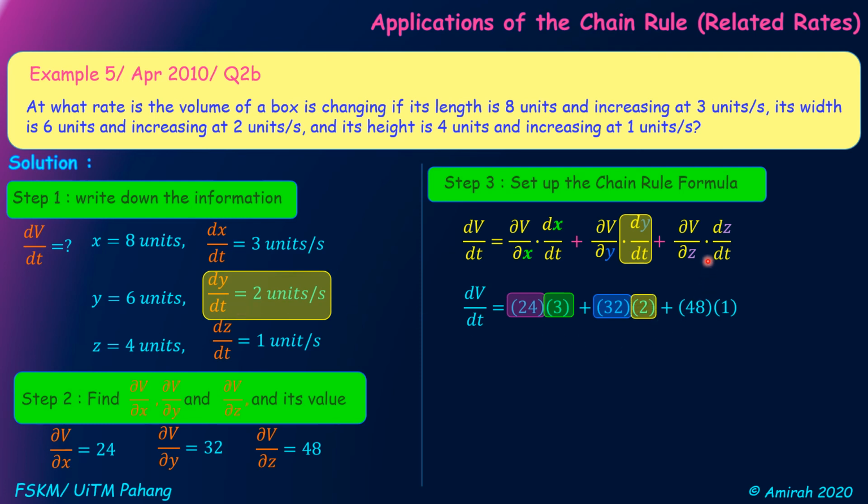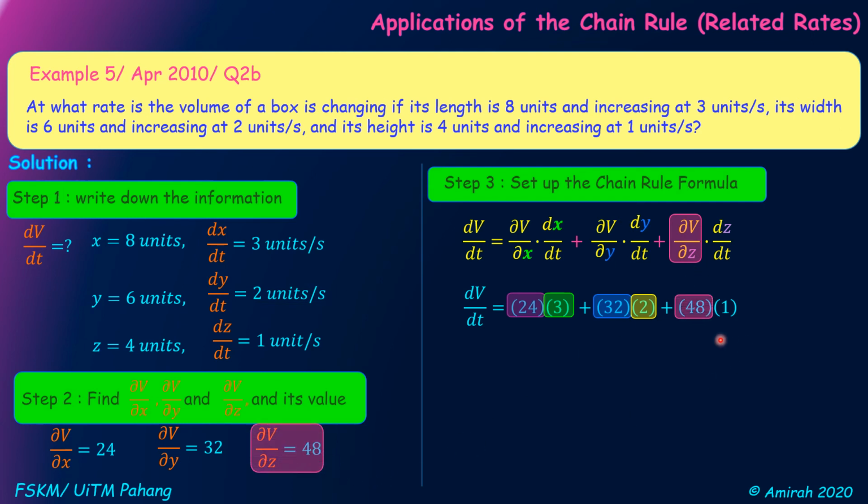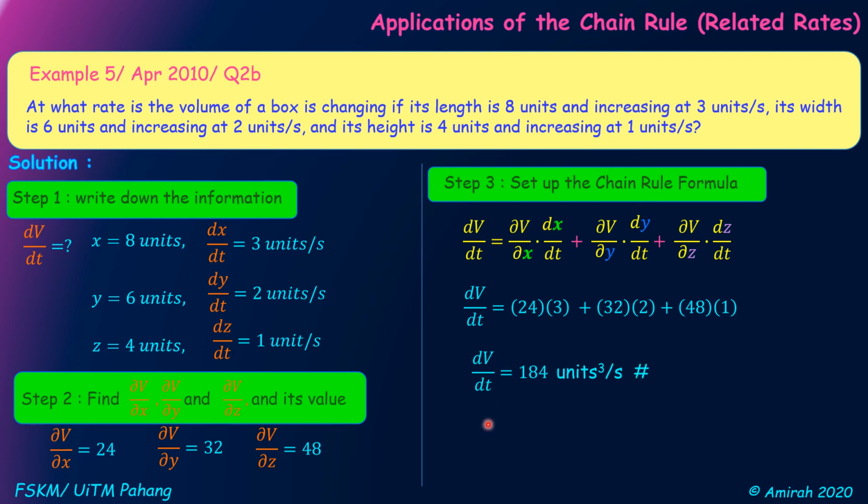Then plus del v over del z, which we replace by 48, times dz over dt, which we replace by 1. After that, we simplify.